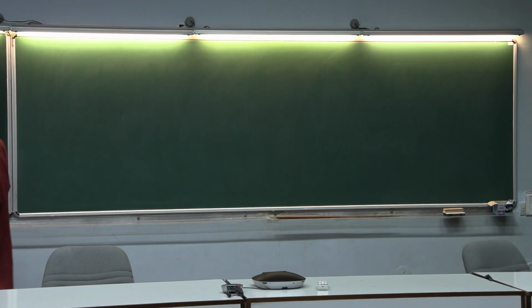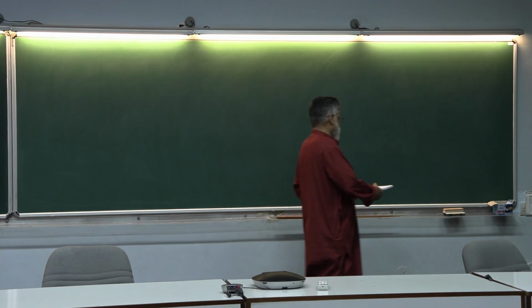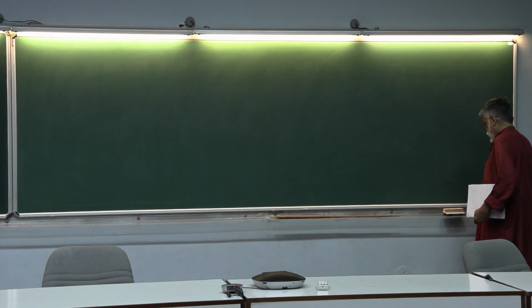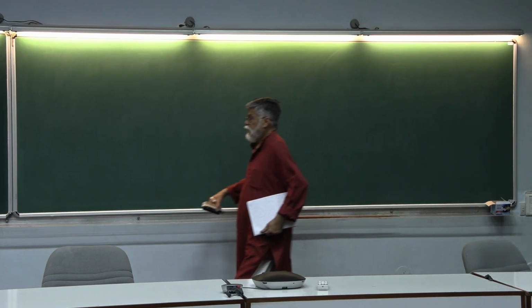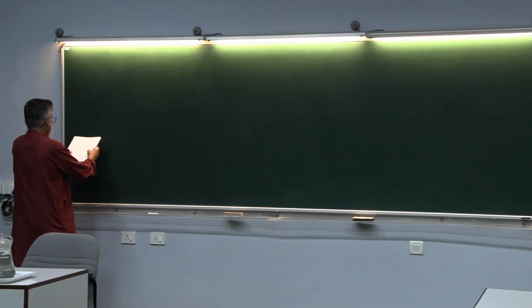So the first thing is the convention to relate the energy-momentum tensor with the metric variation. I interchanged the negative sign, so let me give you the correct convention. In the hurry yesterday, I interchanged the negative sign.